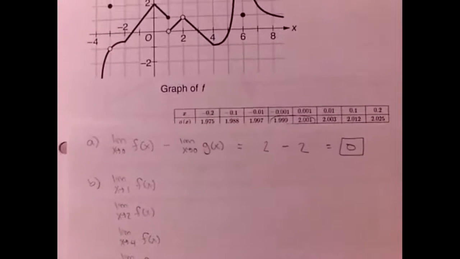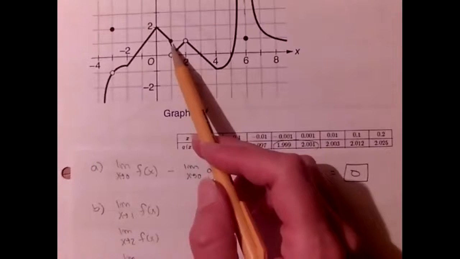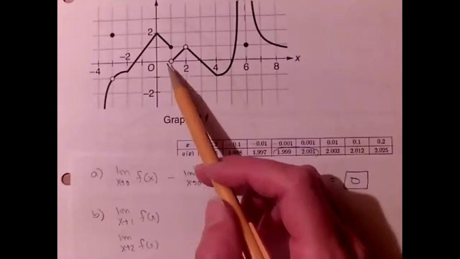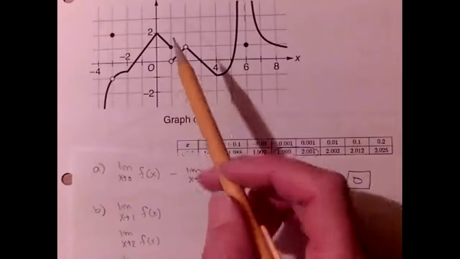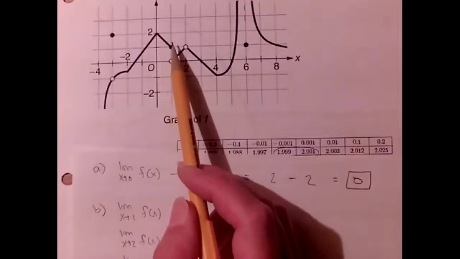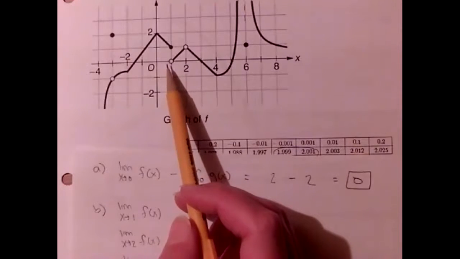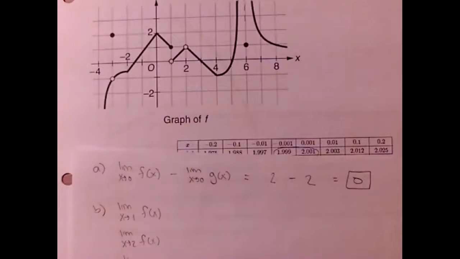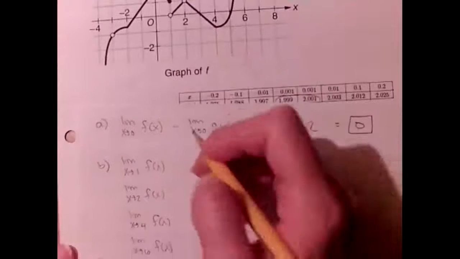So let's look at the graph. Limit as x approaches 1. What do you guys think? What's going on at 1? Do we get an answer, or do we get does not exist, or what's the story here at 1? Good. Does not exist.